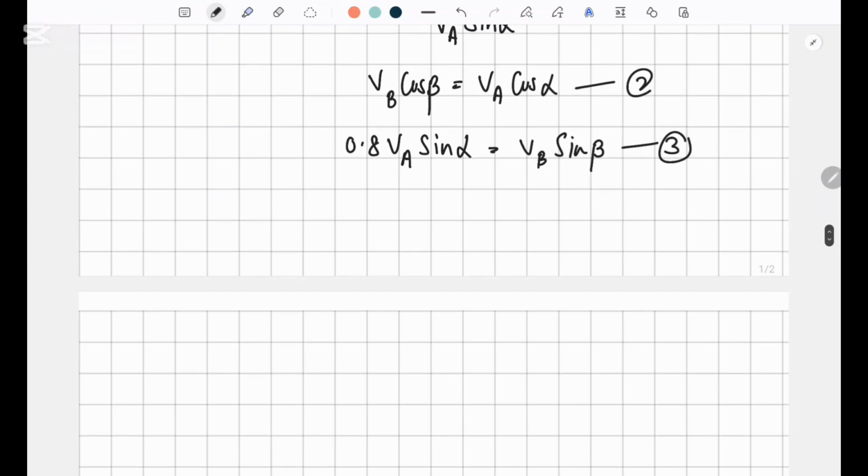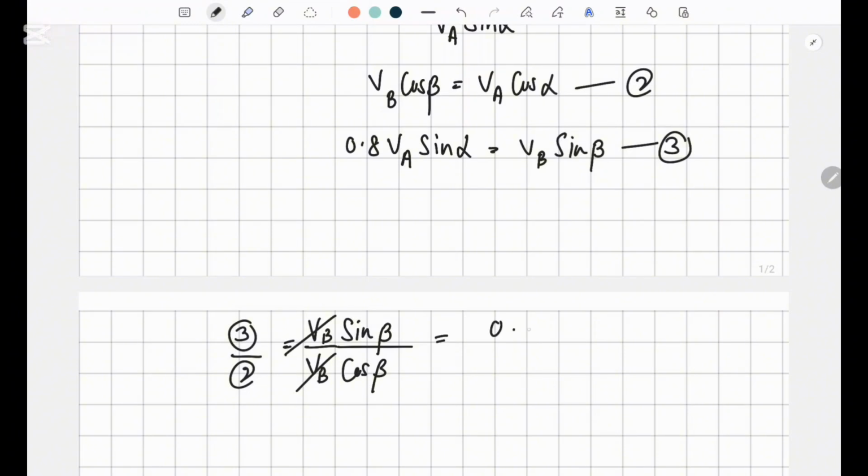Now divide the third equation by the second. So sine beta over cos beta equals 0.8 VA sine alpha over VB cos beta. VB cancels off, and VA cancels off.